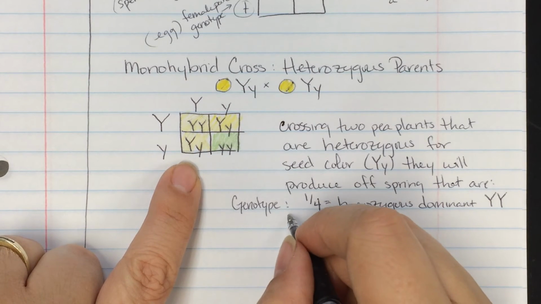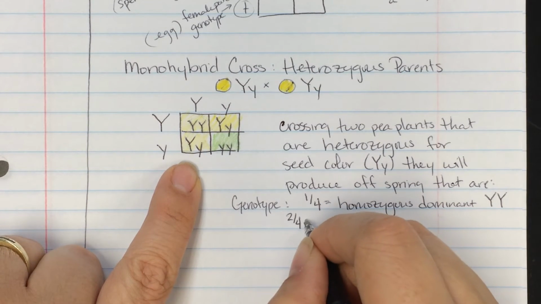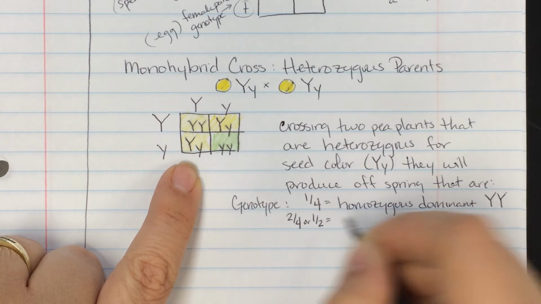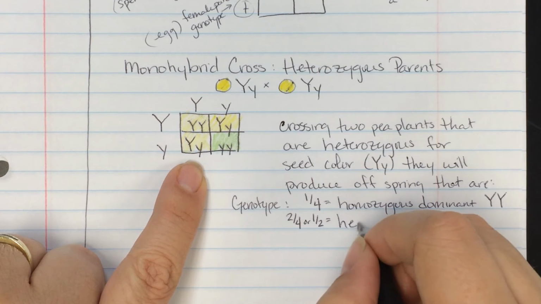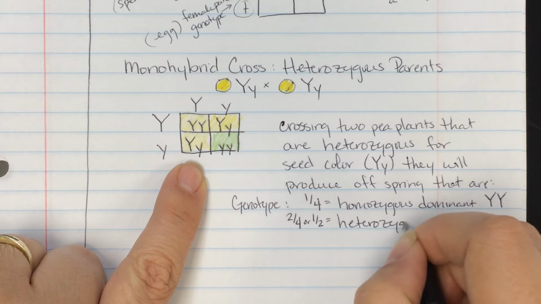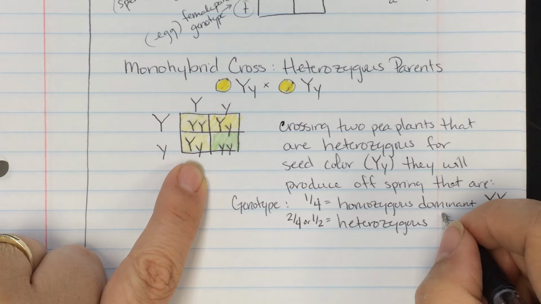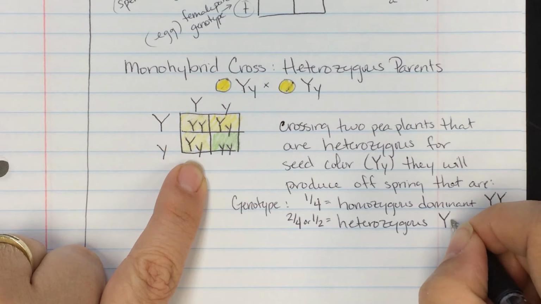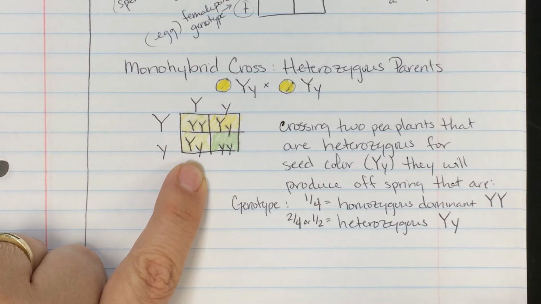2 out of 4, or 1/2, are going to be heterozygous, which is big Y, little y.